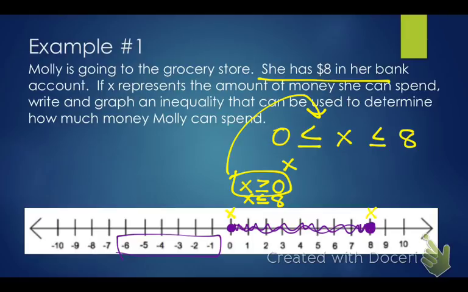So 0 is less than or equal to X, and X is less than or equal to 8. Okay? So what that tells me is I can spend between $0 and $8. Remember, I flipped this because it doesn't look the same when I moved it up here. I had to flip it over.